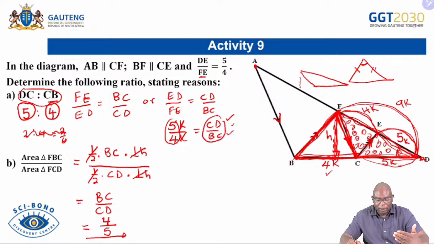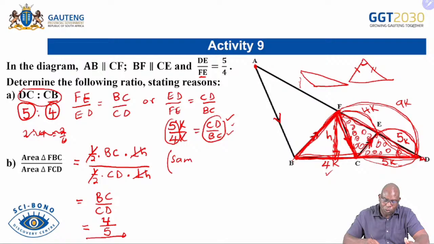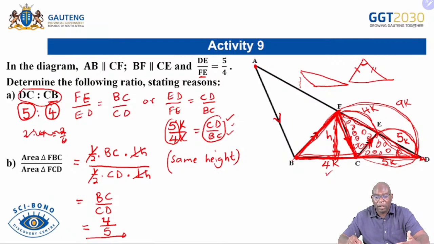So remember, state the reason: those two triangles will be having the same height. So if the two triangles are having the same height, this means that we then have the heights cancelling out, the half and the half cancelling out. What is left? We are left with BC over CD. So remember, if the two triangles have got the same base, then obviously their heights are also going to be the same in this case.